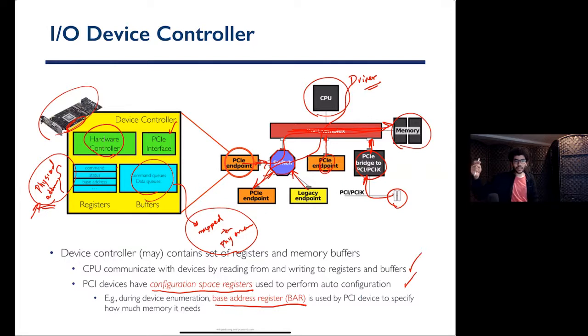Later on, when the device driver starts communicating, you want to know that it's communicating with you, because you are listening to all the messages that are sent on the network. You want to detect that this message was sent to me because it's using my addresses. So basically, the same register is used for telling the system what you need, and then the system telling you where you're mapped.